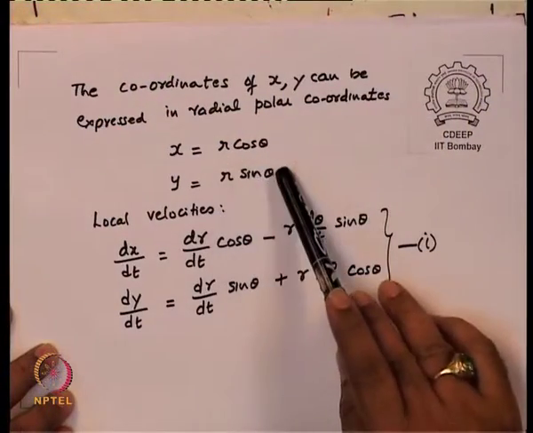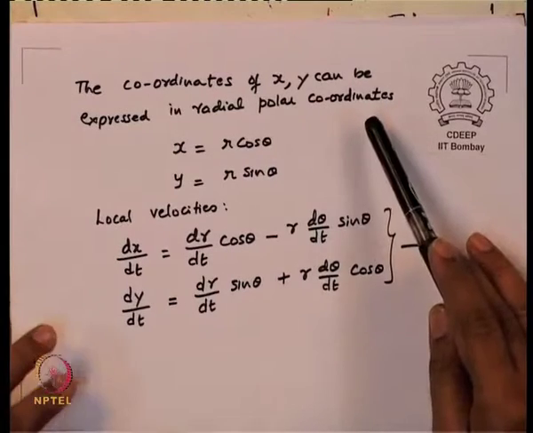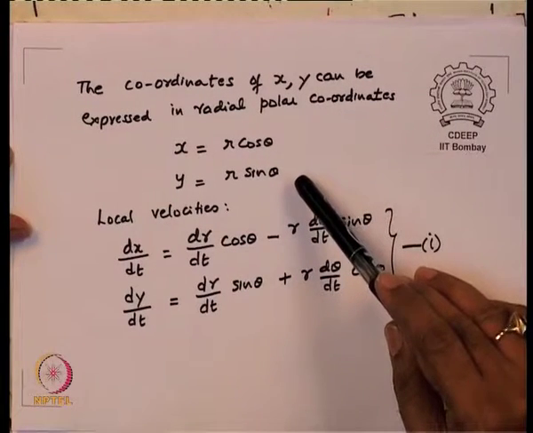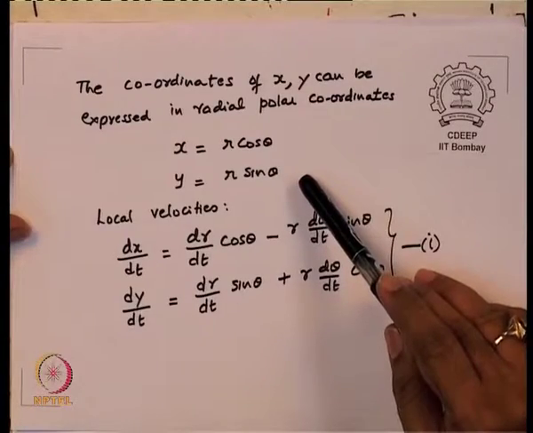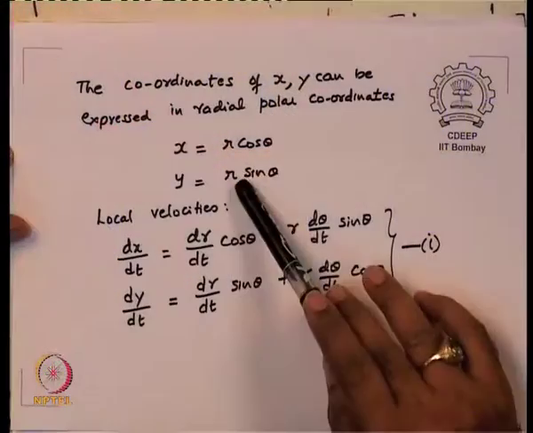Now the coordinates x and y can be expressed in radial polar coordinates as x is equal to r cos theta, where r is the radius from the center of the shaft, the origin of x and y, up to the element considered in the previous slide, and y is equal to r sin theta.